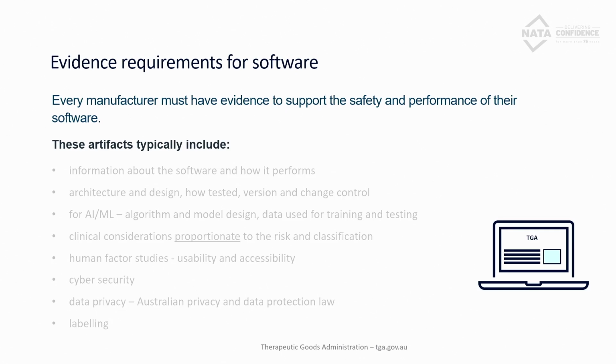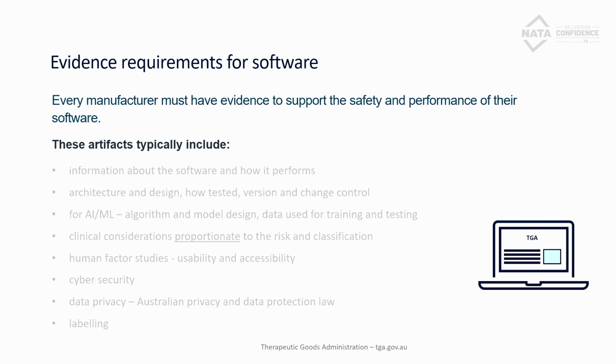So for the types of evidence that we ask software developers or the manufacturers of products to provide, there's a standard set of questions, and then depending on the actual function of that software, we ask for additional information.